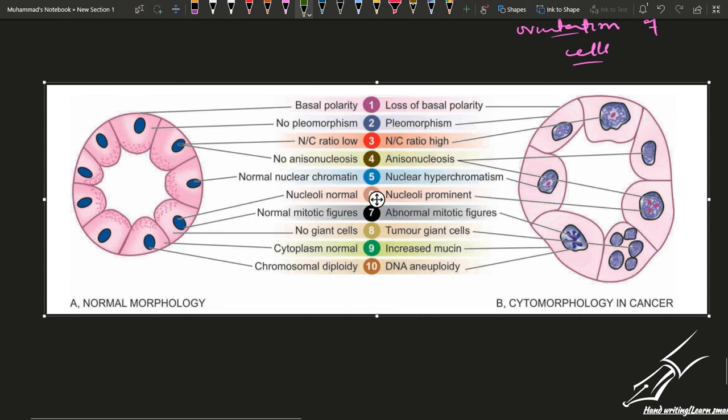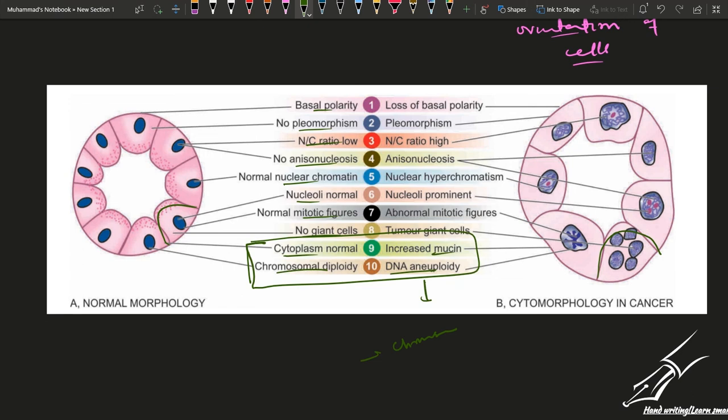We have discussed the basal polarity, pleomorphism, nuclear to cytoplasmic ratio, nuclear chromatin, nucleoli, mitotic figures, and the giant cells, which you can see here. There is also the case when the number of chromosomes is not a multiple of the haploid number in humans, i.e. 23.